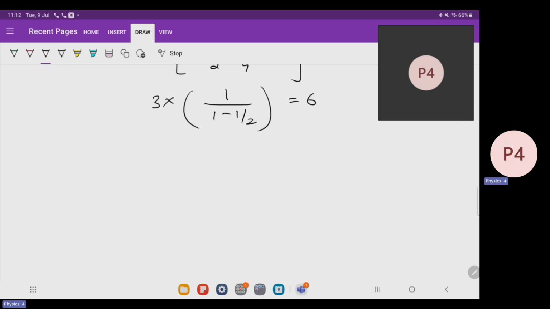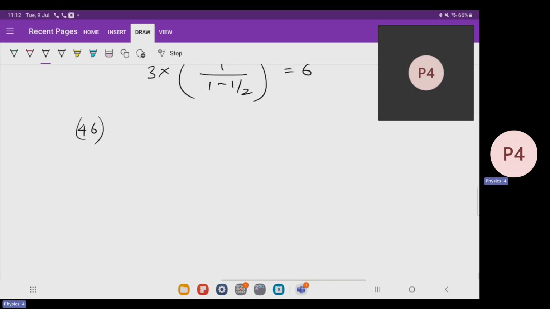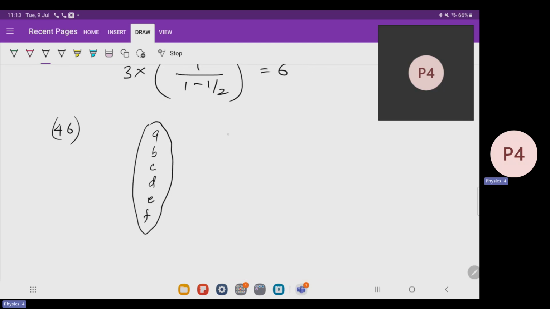Question number 46. Let A be {a, b, c, d, e, f}, and B is {1, 2, 3, 4, 5}.